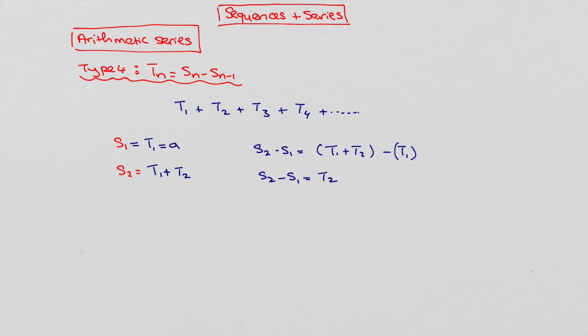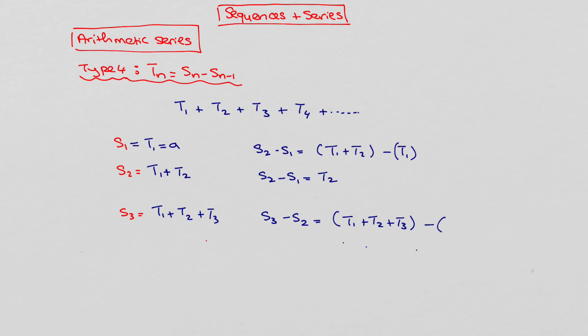The same could be said if I got the sum of the first three terms. Well, the sum of the first three terms is term 1 plus term 2 plus term 3. And therefore, if I got the sum of the first three terms minus the sum of the first two terms, well, the sum of the first three terms is term 1 plus term 2 plus term 3 all added together.